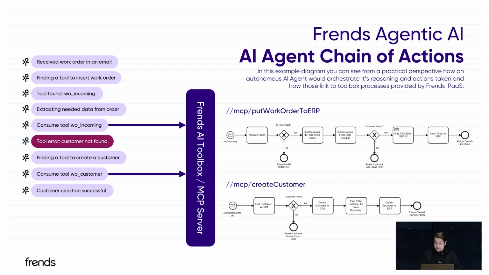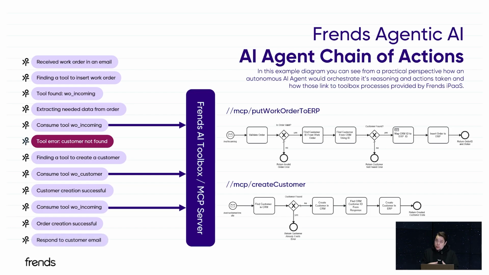And if that's successful, like in our use case it is, we can now continue with our original plan of action of putting the work order into the ERP, because we've now created the customer using the second tool available in the toolbox. And in the end, the work order creation works because we have now created the customer in the first place.